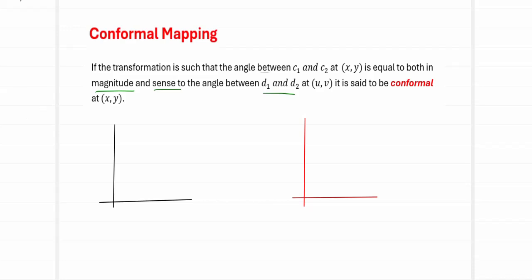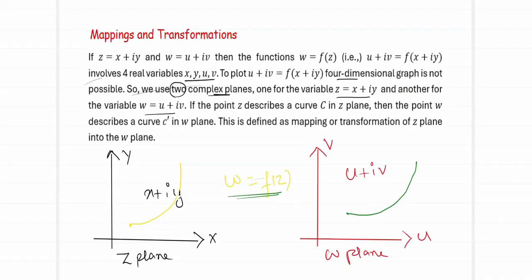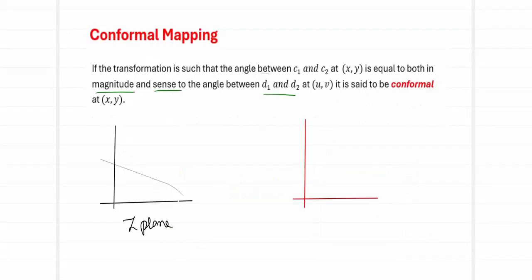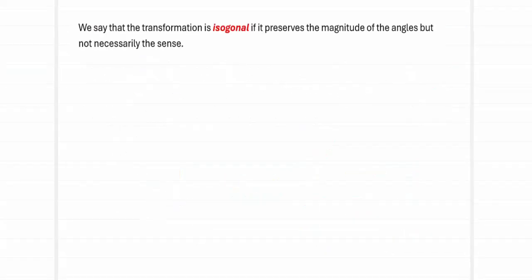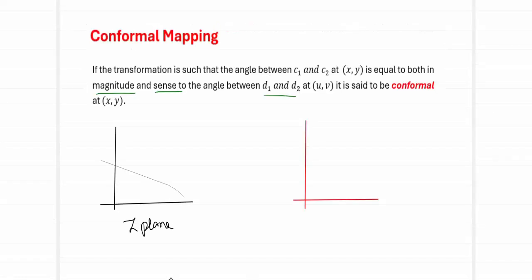So let this represent our z plane, with the x-axis and the y-axis, and the next one is going to be my w plane with the u axis and v axis.